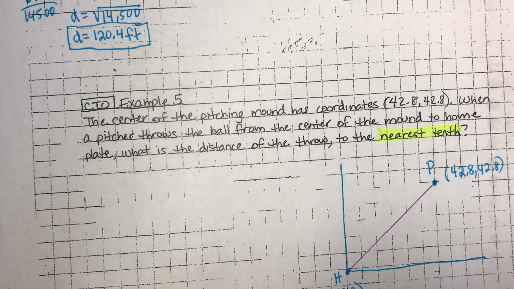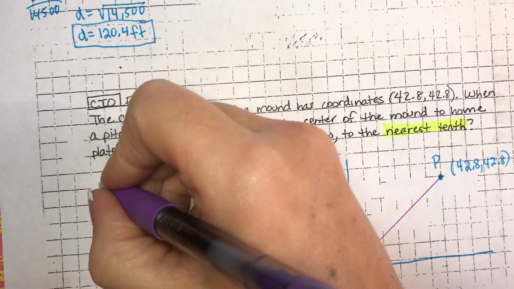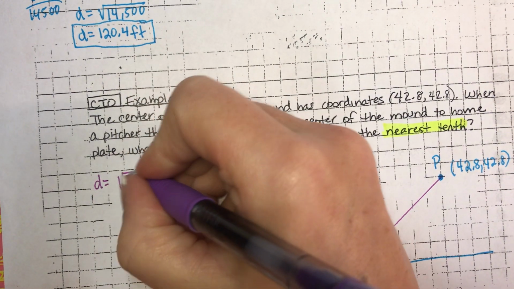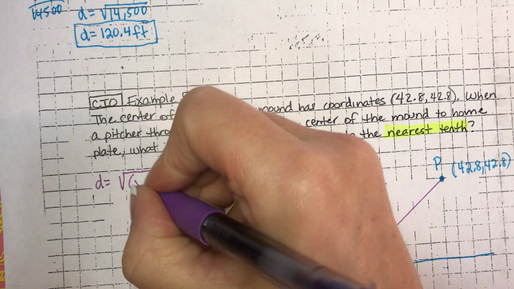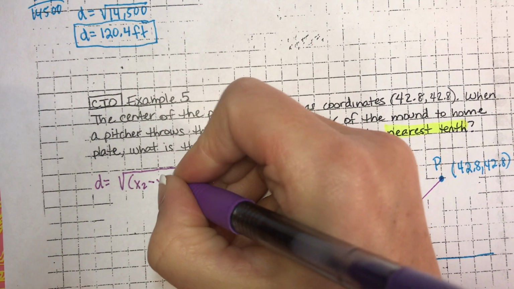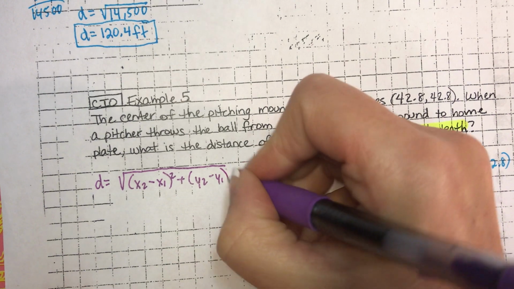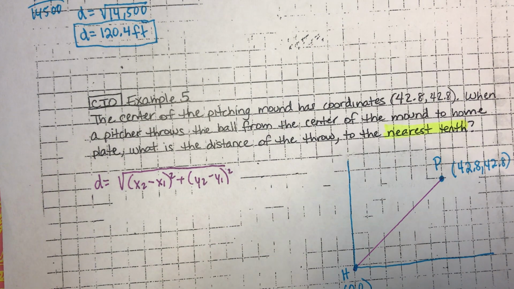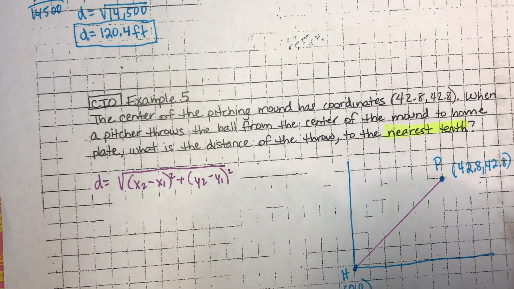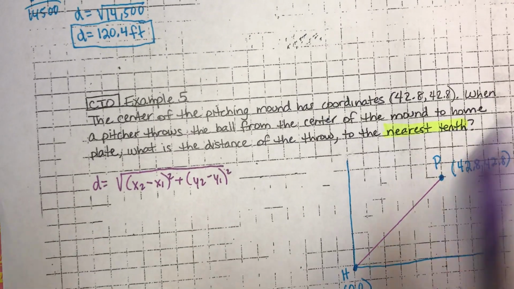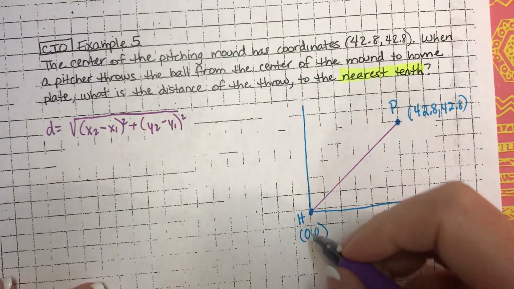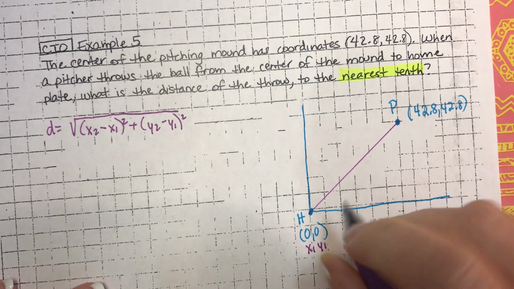Okay, so let's go ahead and do the distance formula, right? Distance equals the square root of the difference of the x values, x2 minus x1 squared, plus the difference of the y values, y2 minus y1 squared. We're going to label these. This is going to be my x1. This is going to be my y1.